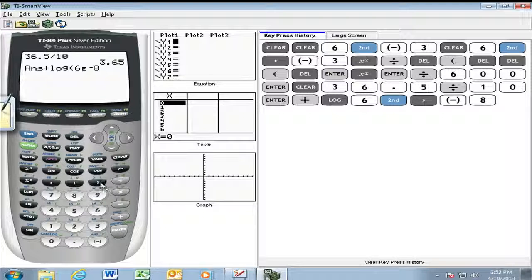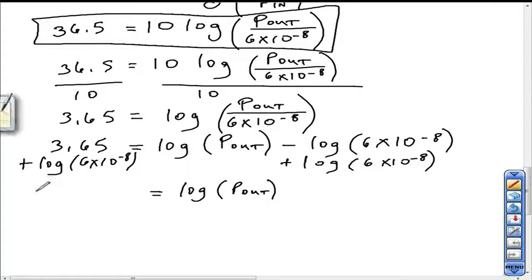Close those parentheses and evaluate. Now let's note that value down, negative 3.5719. We'll just carry it out 4 places past the decimal. That was what we learned back in chapter 20.